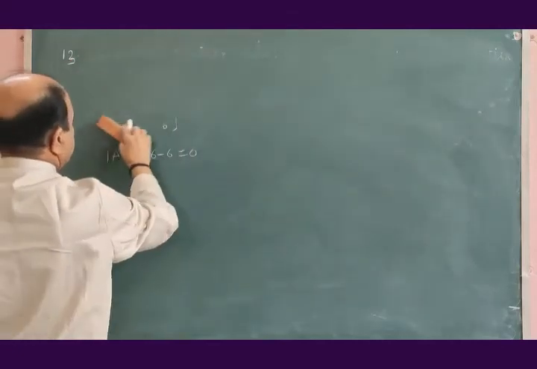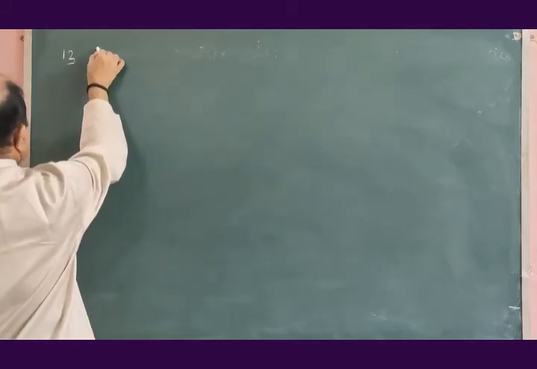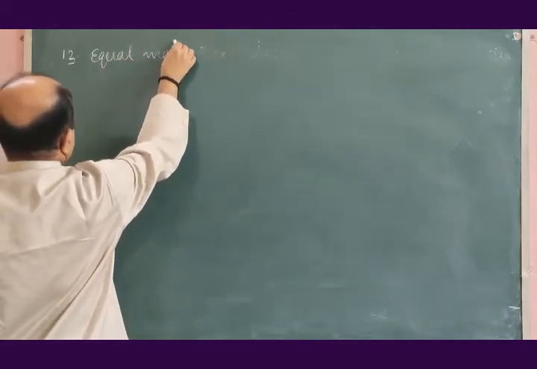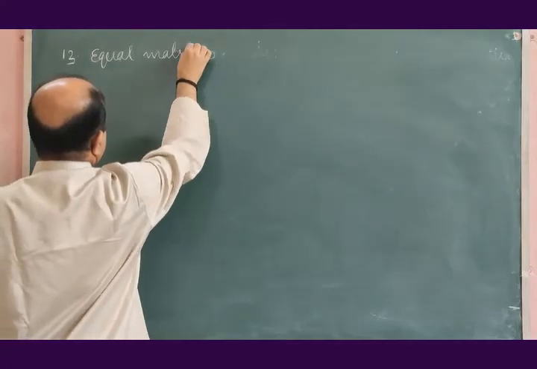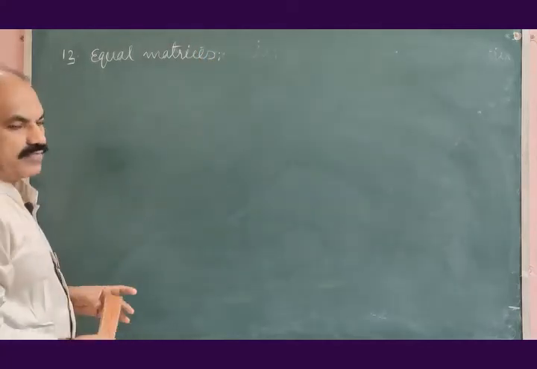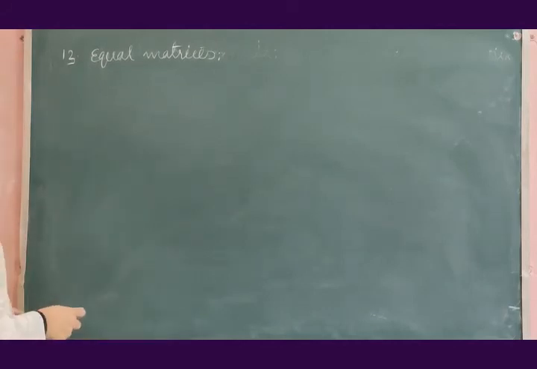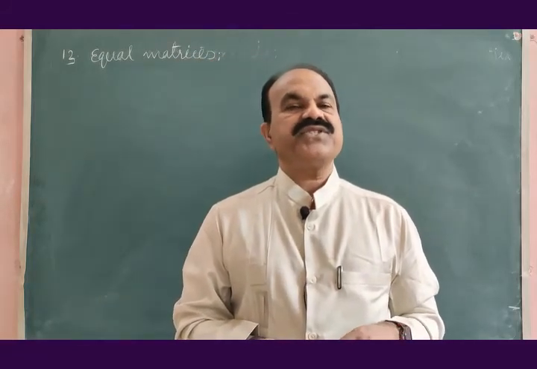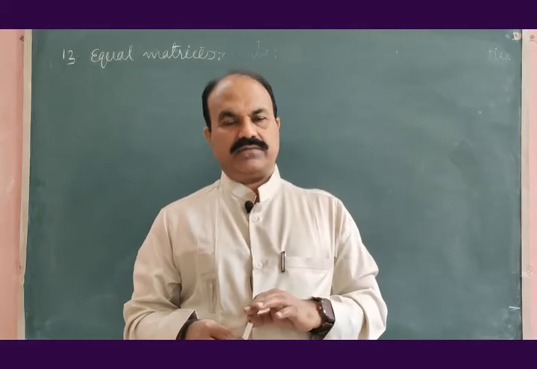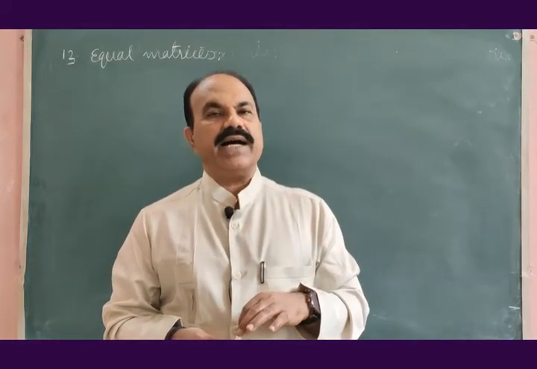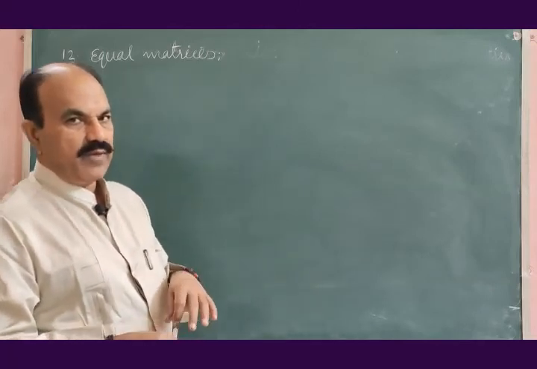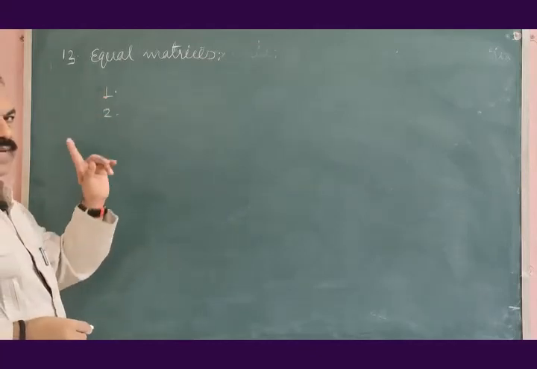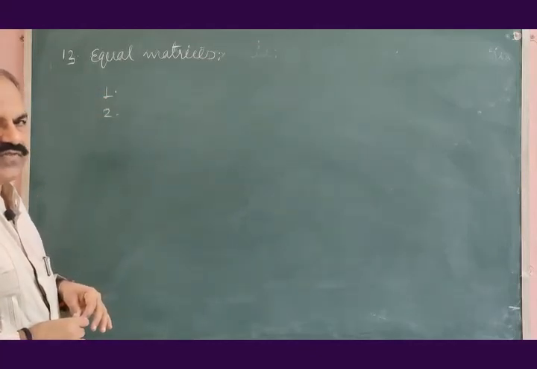Equal matrices. Now, how to define equal matrices? Two matrices are said to be equal, provided that these two conditions must be obeyed by the two matrices.